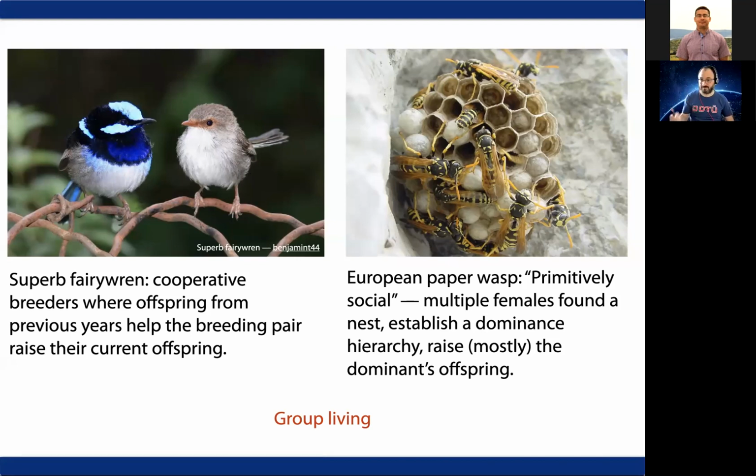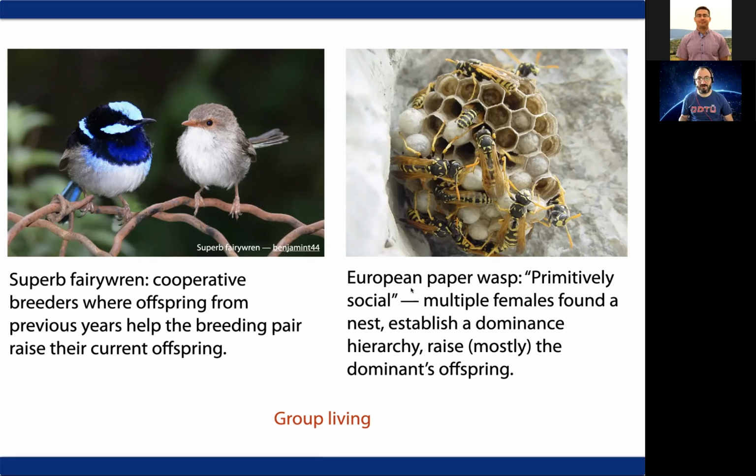That is itself an instance of social behavior and cooperation, but these guys take it a step further, where offspring from previous years actually stay in the territory and help their parents raise more offspring. That's called cooperative breeding. In fact, this is like what humans do too, where siblings might help their parents to raise younger siblings.